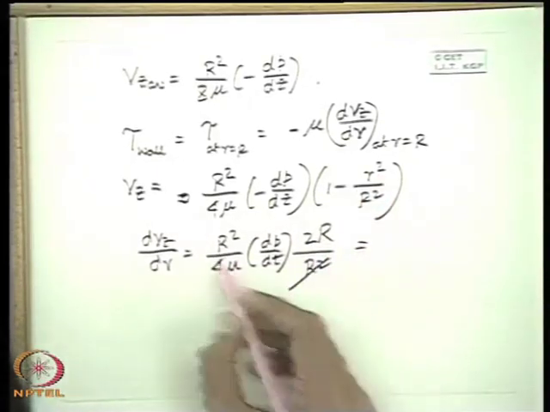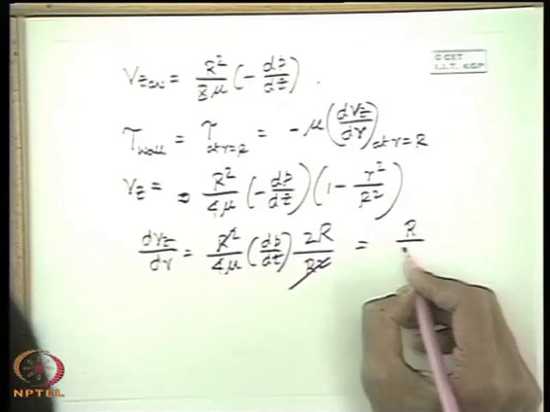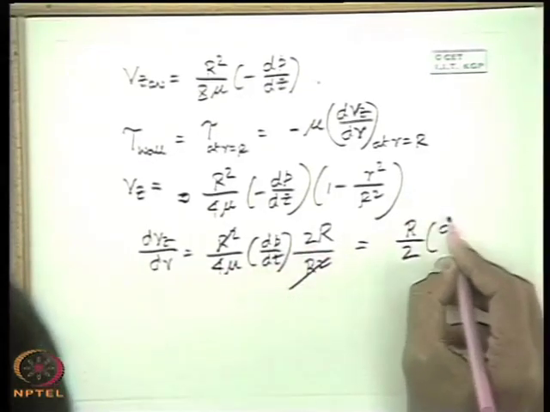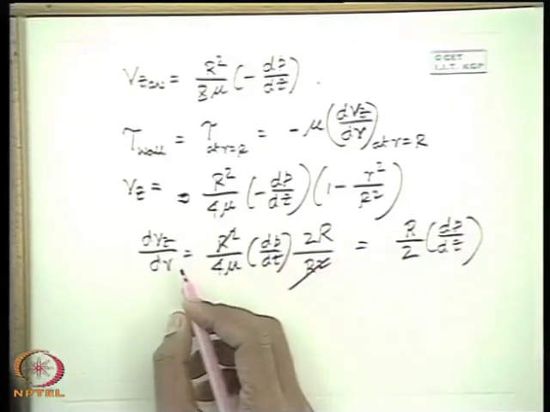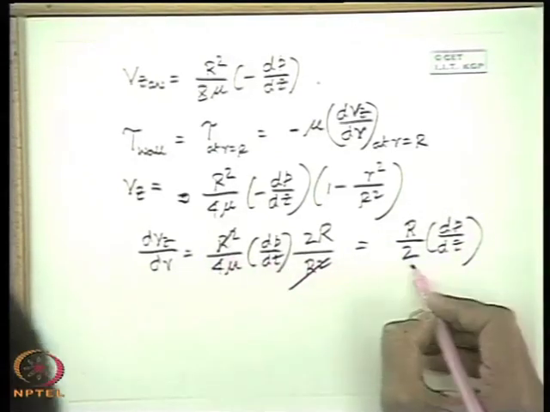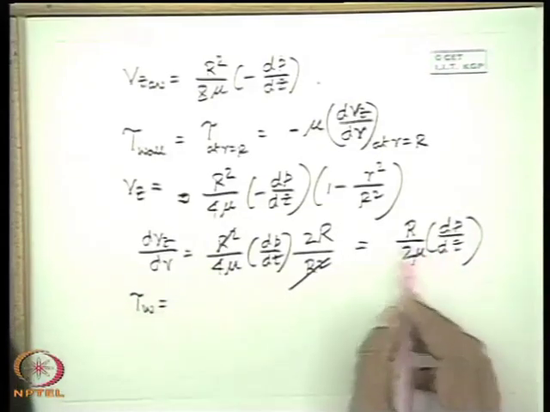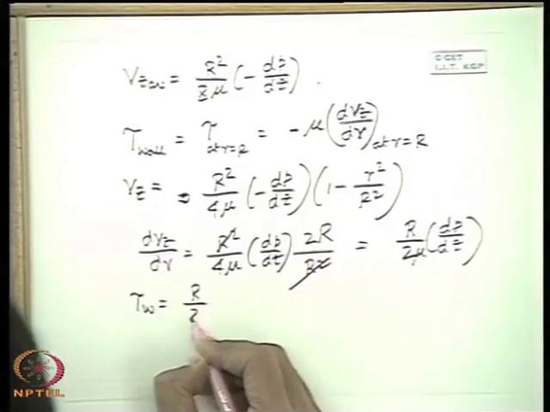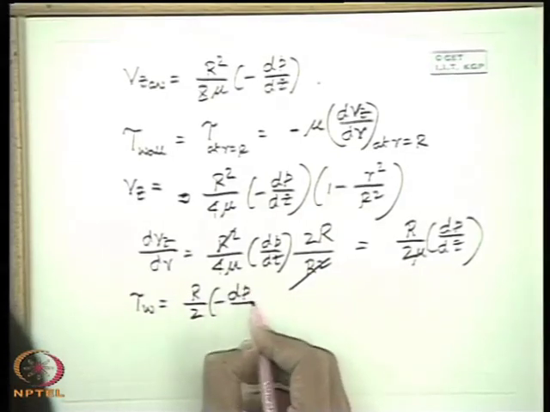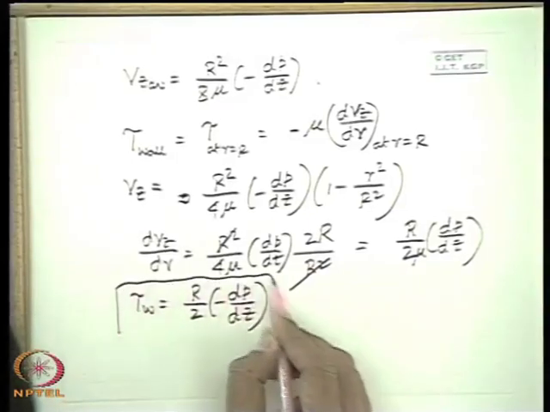That means R square cancels. So it is R by 2 mu into dp dz. All right. So therefore tau wall is minus mu, so mu will cancel, so R by 2 into minus dp dz. So this is the value of wall shear stress.